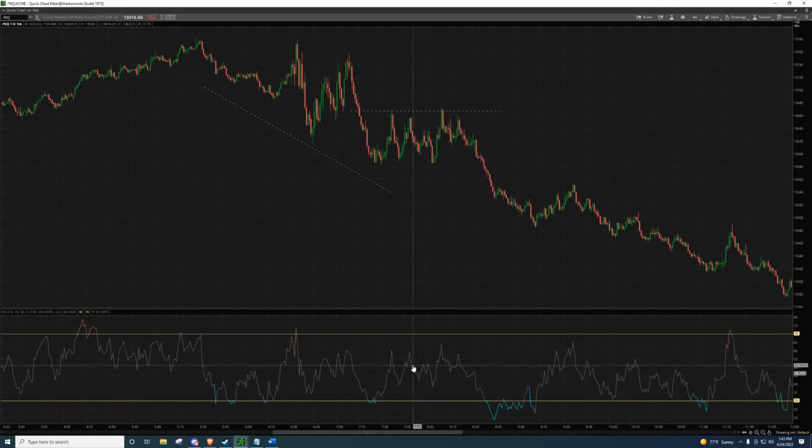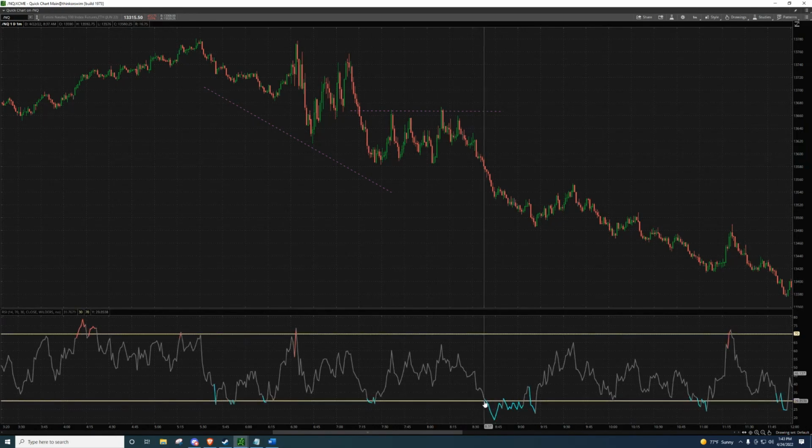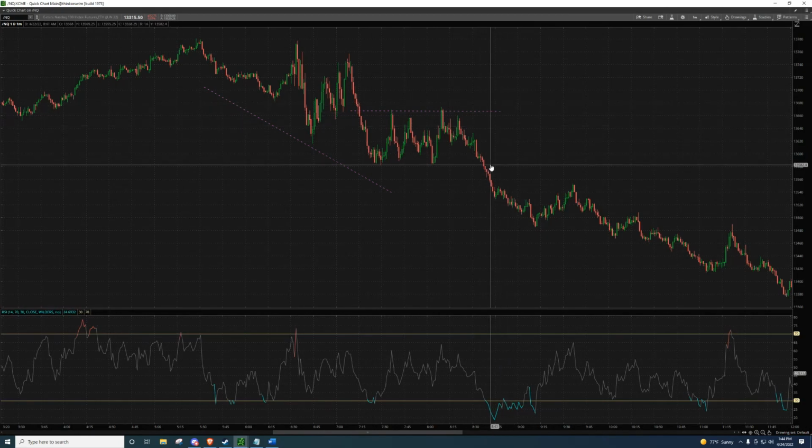Now, the momentum traders are going to be looking at this as, okay, when we get below the oversold portion, we want to start looking to get short as well. Once we get below that 30 level, we want to get short and we want to stay short. And where do their stops go?